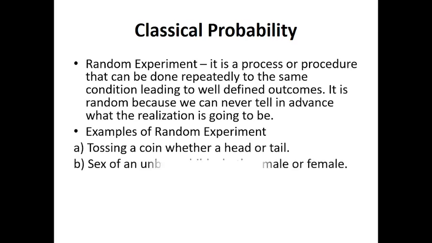And then we have another example: sex of an unborn child, whether male or female. That is the process, the procedure. In determining the sex of the unborn child, we have two outcomes, male or female. Pwedeng lalaki, pwedeng babae.